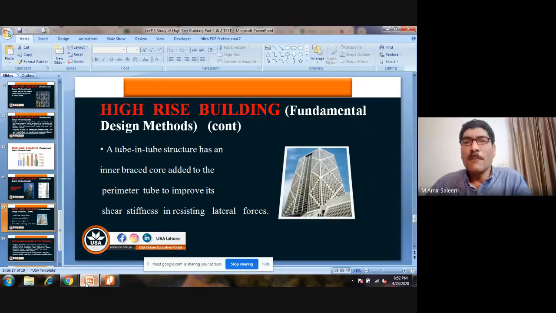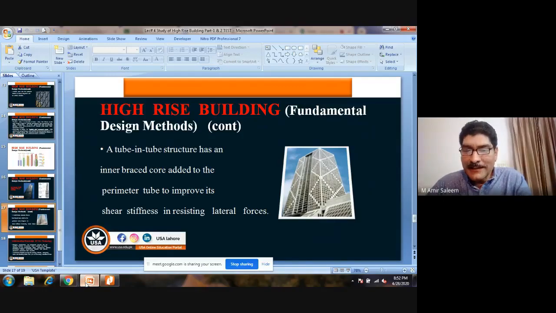All the movement goes through the building to protect it from lateral forces. This is a very suitable process. When we make a tube in a tube, I will discuss the assignments later, after this slide.